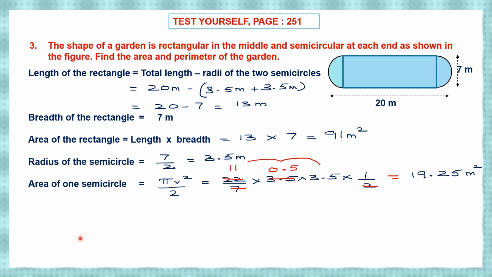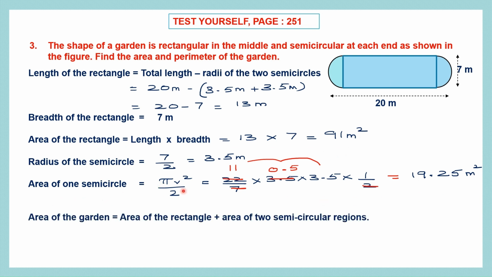So now we can find the area of this garden because we know the area of the rectangle and we know the area of one semicircle. So let's say area of the garden will be area of the rectangle plus area of two semicircular regions. So area of the rectangle is 91 meters square. Area of one semicircular region is 19.25 meters square.